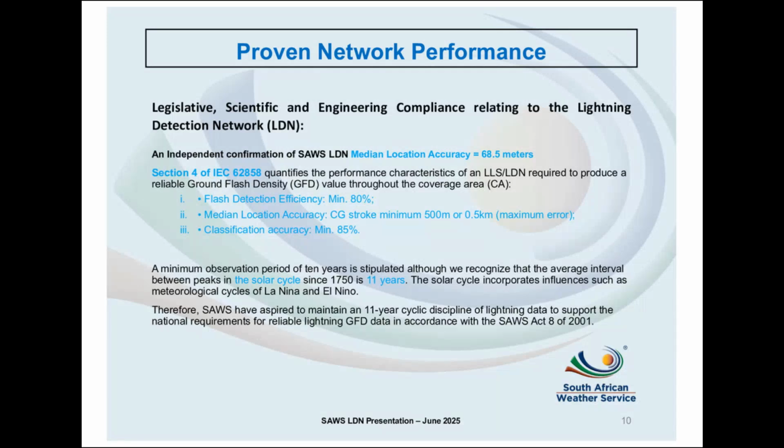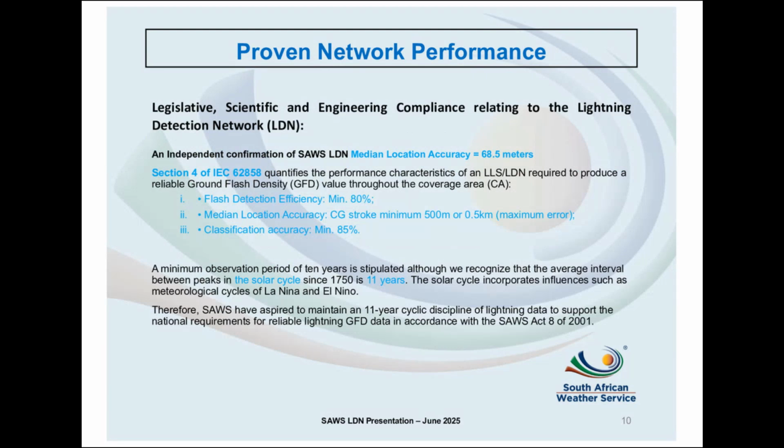That being said, at this point in time, with studies that have been performed by ourselves with the aid of the University of the Witwatersrand, or Wits University, in Johannesburg, we have managed to achieve, with data from 2017-18, a median location accuracy of 68.5 meters.